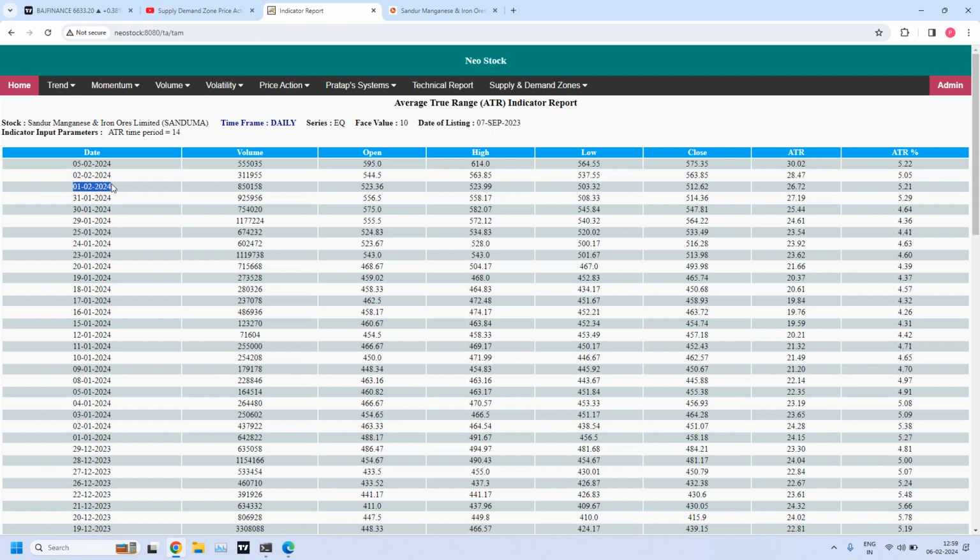So on first, let us select first. On 1st February, what is my data open price? 523.36 paisa. If you look into TradingView, you will be seeing 523.35 paisa because they rounded the value. But I did not round the value, purposefully, because I want exact. Sometimes some stocks have a very low price, like 10 rupees or 5 rupees.